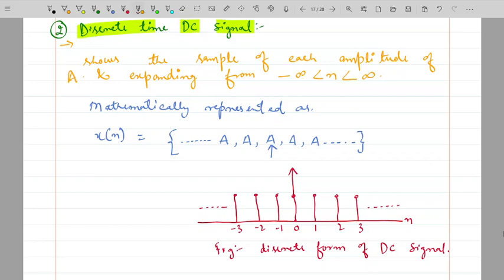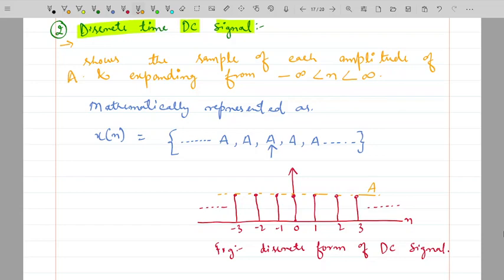As an example, this is a discrete form of the DC signal, and this is the amplitude A of that particular DC signal. At different points we have assigned the values 0, 1, 2, 3, positively as well as negatively. So these are the digital values of the DC signal.